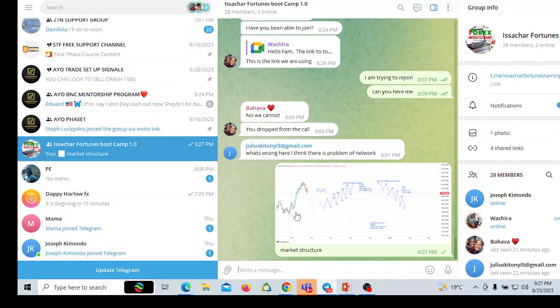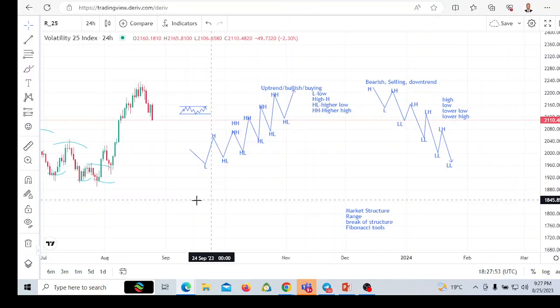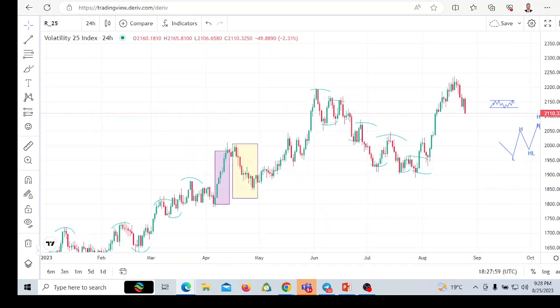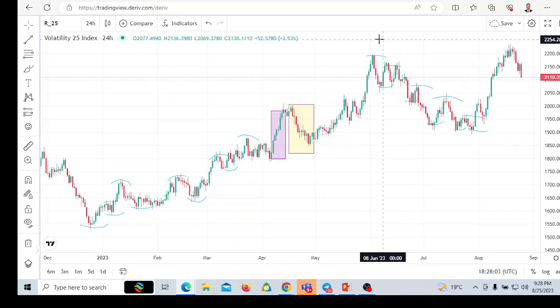And then I'll also share this, the difference between the two. This one, let me just highlight that for us.